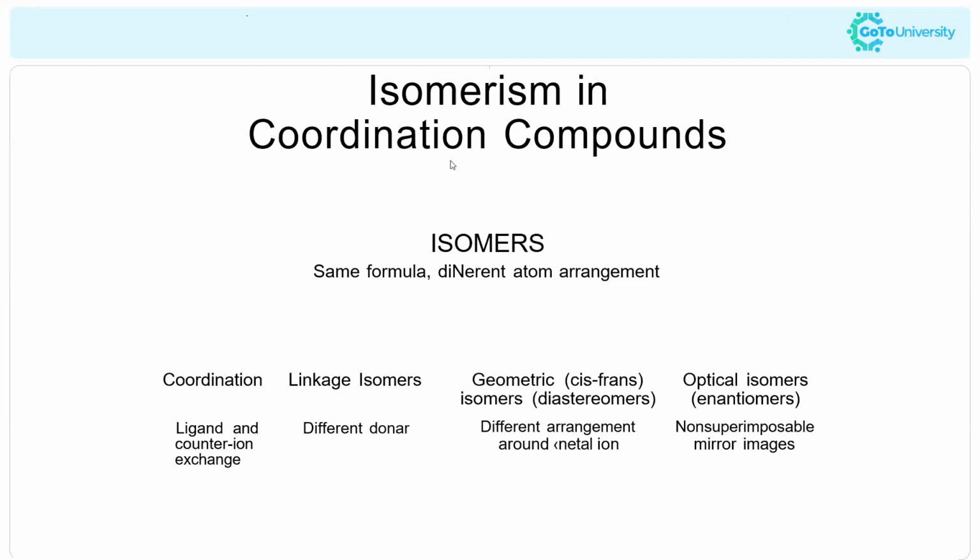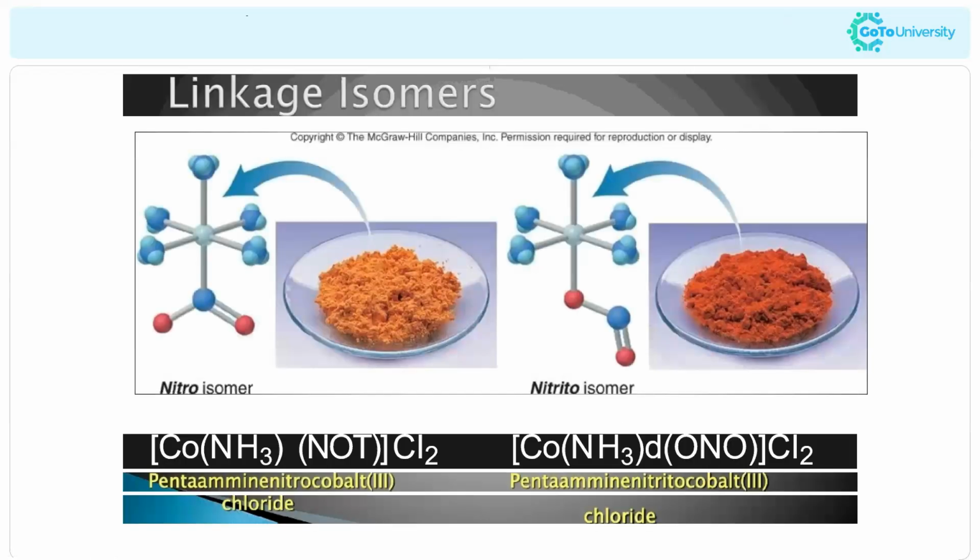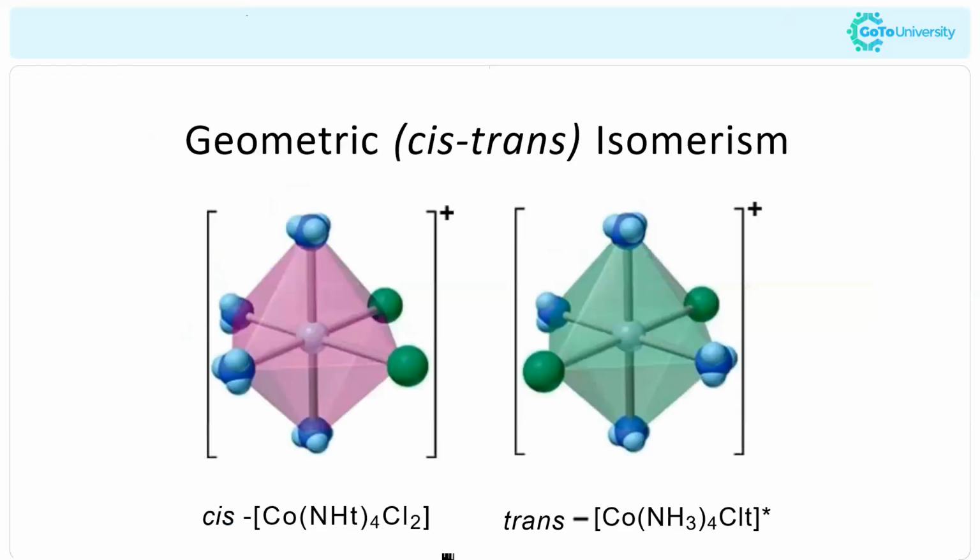Now we can move to the isomerism in these coordination compounds. We have different kinds of isomerism, structural and stereo. All this we discussed in the previous class. We have linkage isomerism, which is due to the presence of ambidentate ligands, meaning they have more than one donor atom, but they will use only one at a time, right?